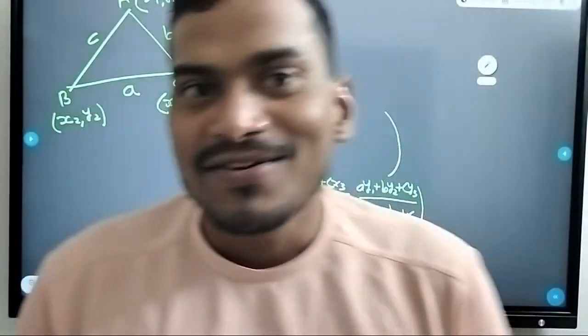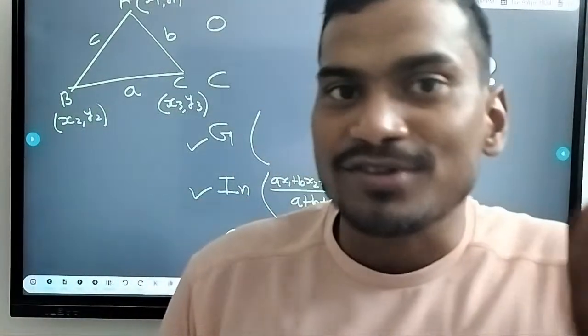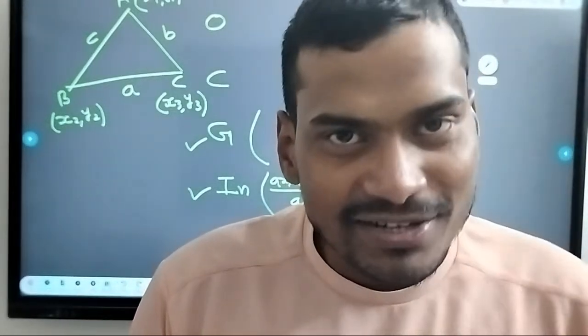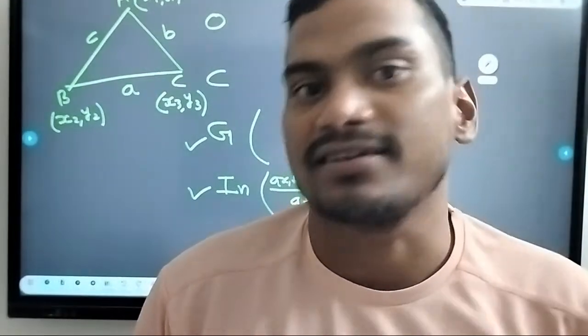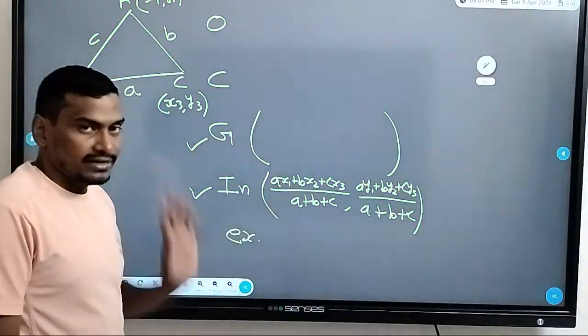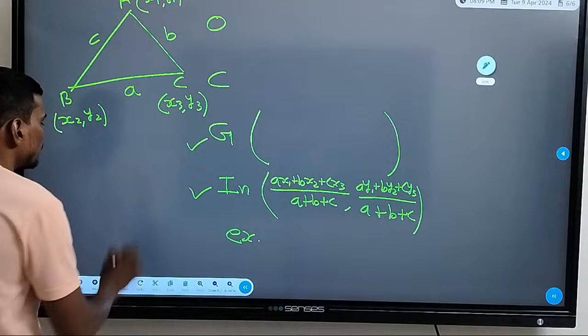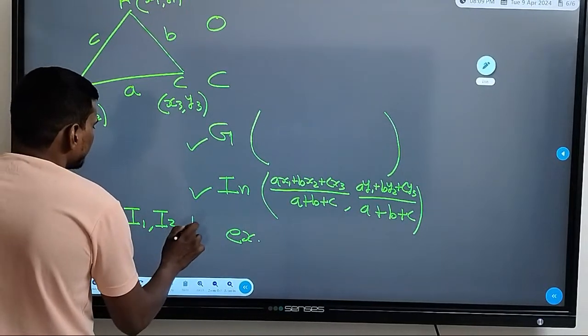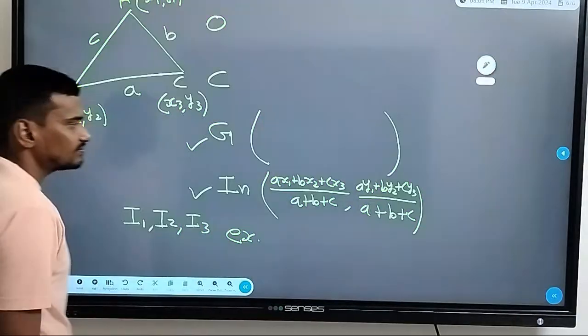But what about excenter? What will be the coordinates of this excenter? That is the question. We understood what the excenter is, but how to write the excenter coordinates? And excenter is not one, there are three: I1, I2, I3.